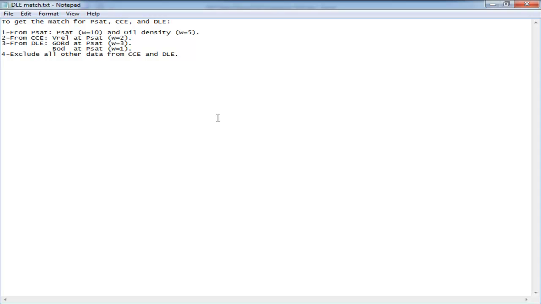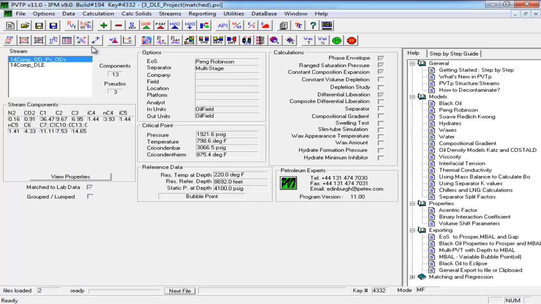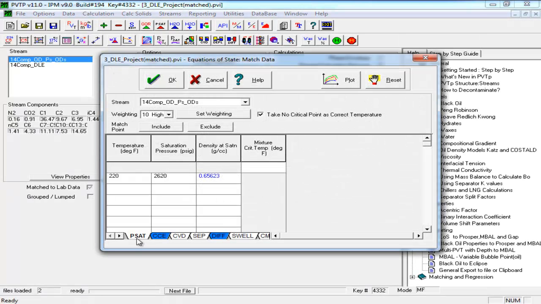Okay, this is your lab data. Starting now, I will give the suitable weights and choices. In saturation pressure I have two points, so I will take both of them with the suitable weight: 10 here and 5 here.